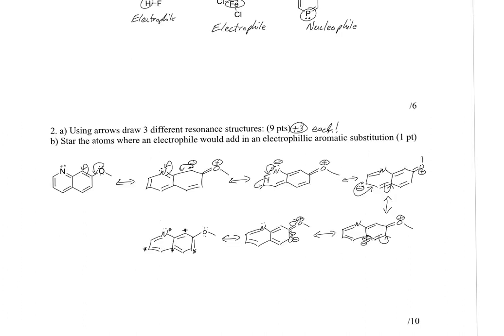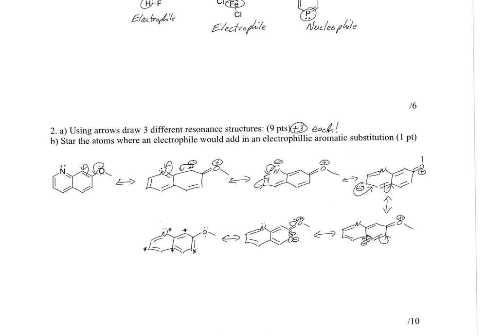For this one, using arrows, draw 3 different resonance structures, and then star the atoms where an electrophile would add in an electrophilic aromatic substitution. So what that means is you need to draw resonance structures, but I also wanted you to think about how this is going to affect reactivity.